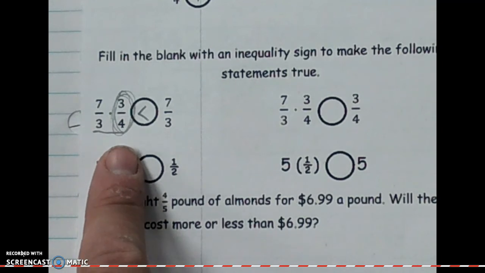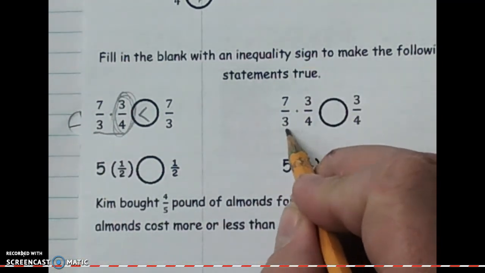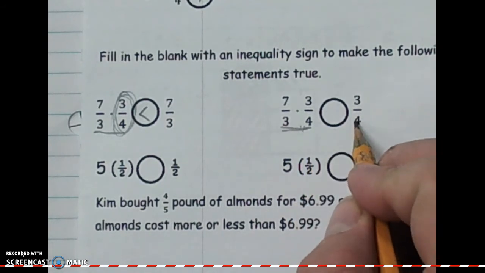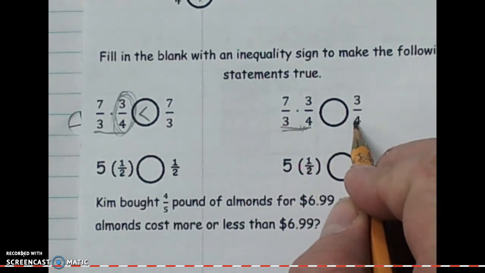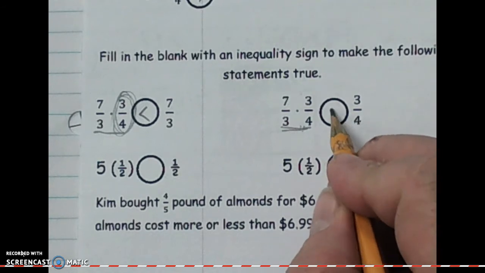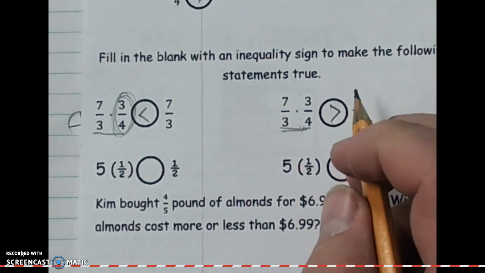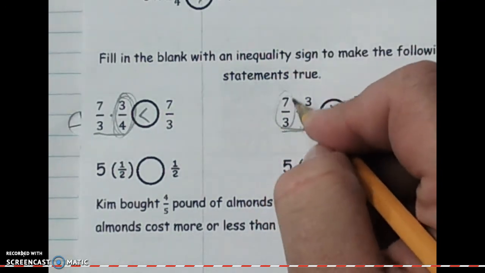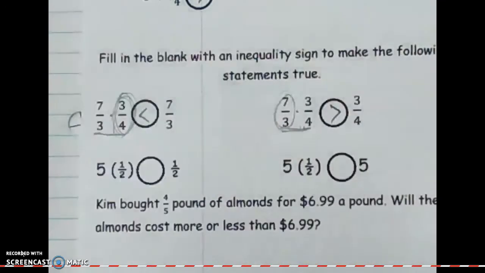All right. Okay, now same numbers. The product of these numbers is going to be greater than or less than 3/4. Why greater than? 7/3 is greater than what, Erica? 1.